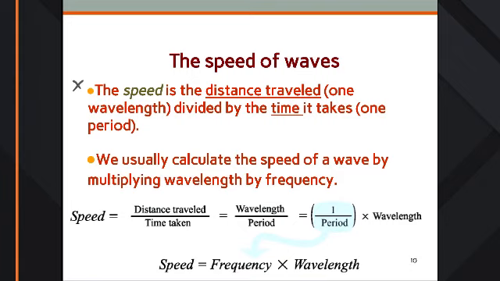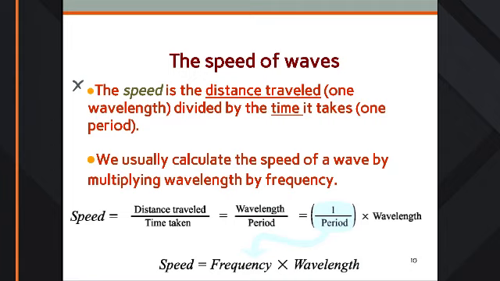So the speed of our wave, make sure you have this down. The speed is the distance traveled. That distance traveled could be one cycle, just one wavelength, or we could figure out what our frequency is and then determine what our period is from that.